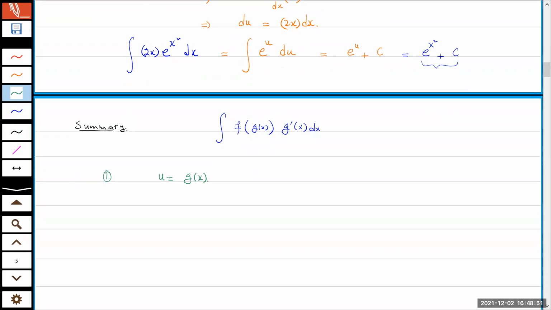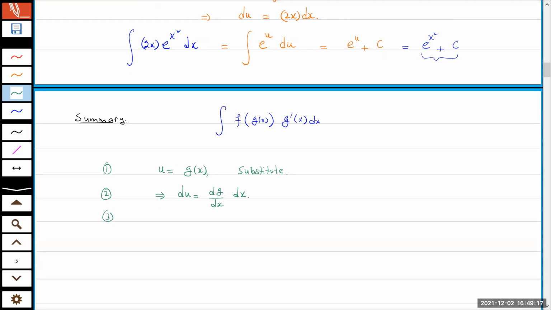You choose the substitution. So substitute this. Then you calculate the differential, which will imply du equals dg/dx times dx. You use this differential. This is your step 2.